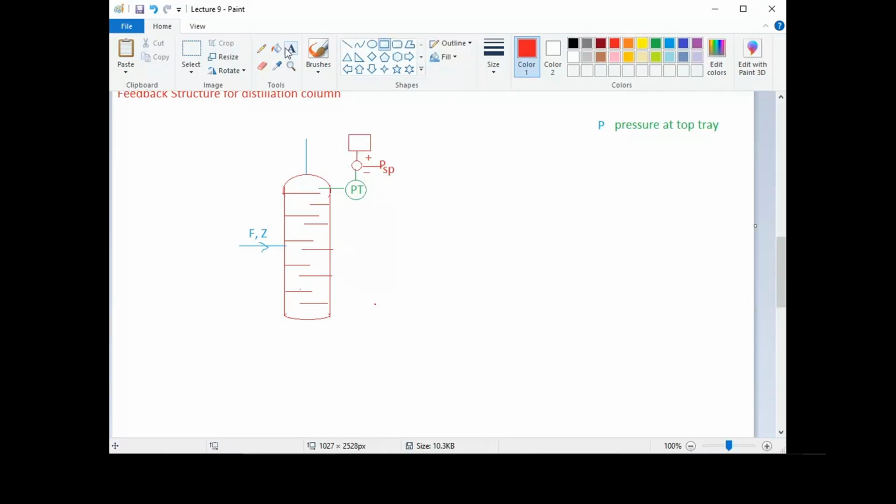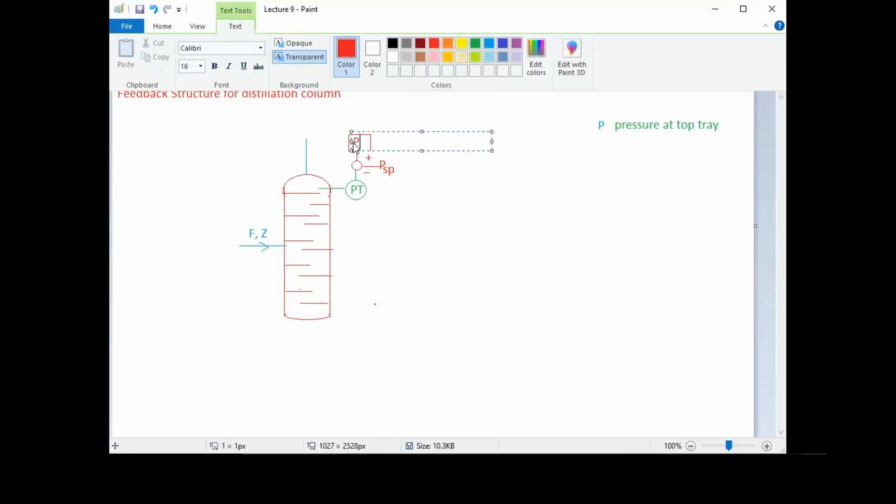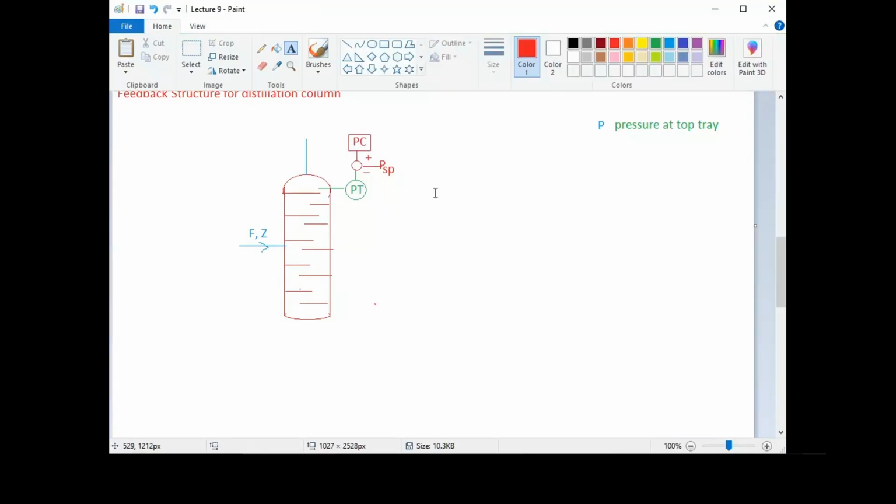This is the pressure controller PC, and this controller controls the valve at the outlet. So these are the vapors going, and here we will have a valve which will control the opening of the vapors.